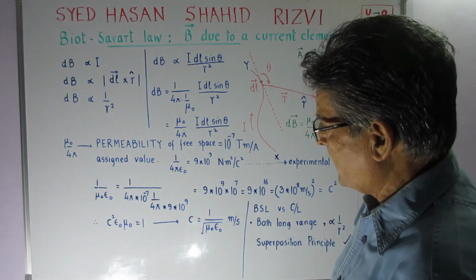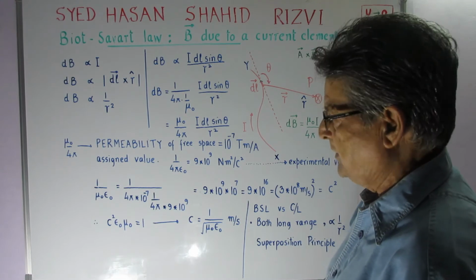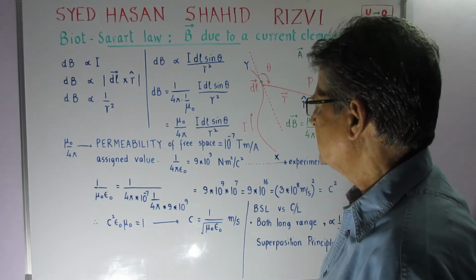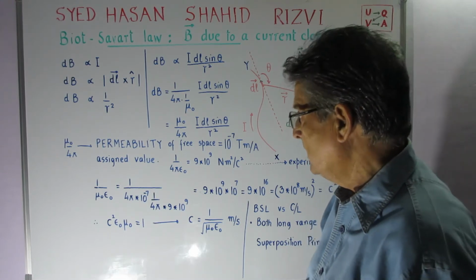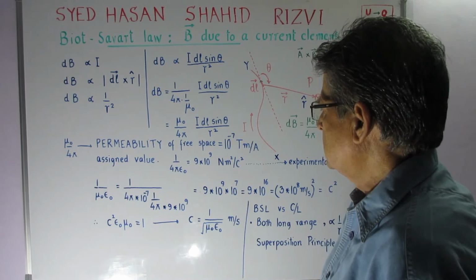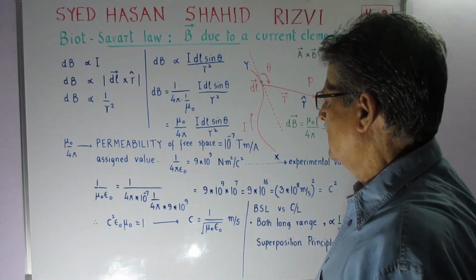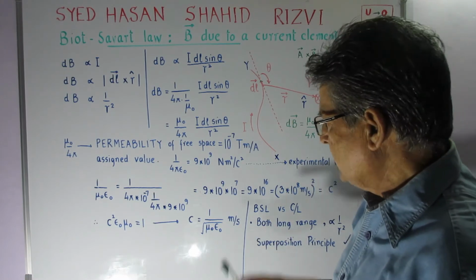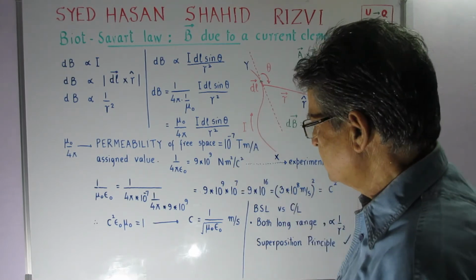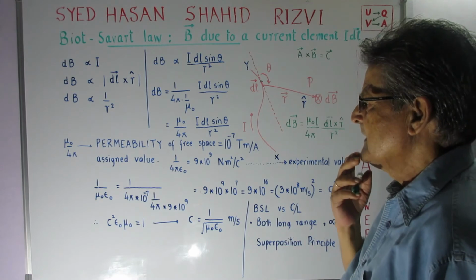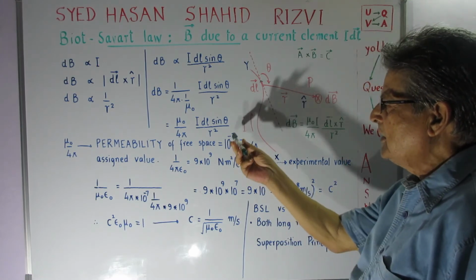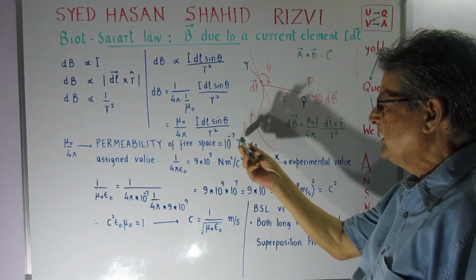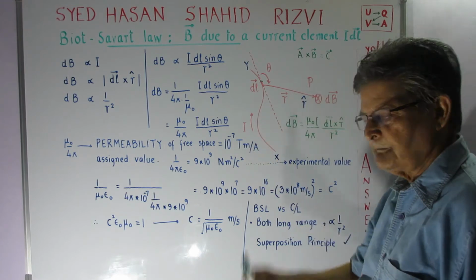Mu naught upon 4 pi, where mu naught is the permeability of free space, tells how much the free space is permeable to the magnetic entity. Now I am giving the value: 10 to the power of minus 7 Tesla meter per ampere.